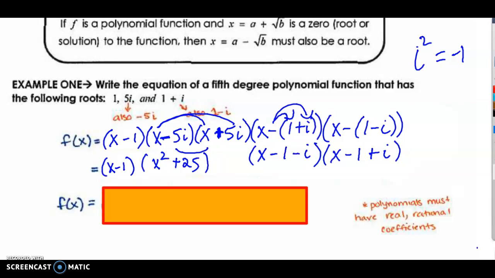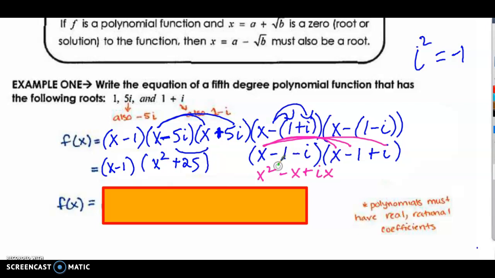So now let's multiply these two factors together. So we've got x times x. This is a little bit longer because it's a trinomial times a trinomial. And all you have to do is multiply every term in this trinomial by every term in this trinomial. So how to do that? x times x, x squared. x times negative 1, negative x. x times i, ix.